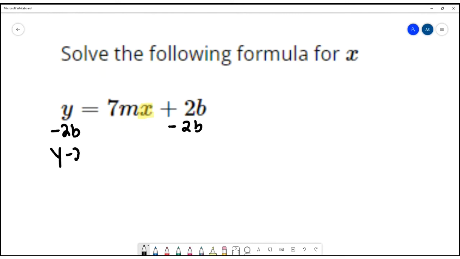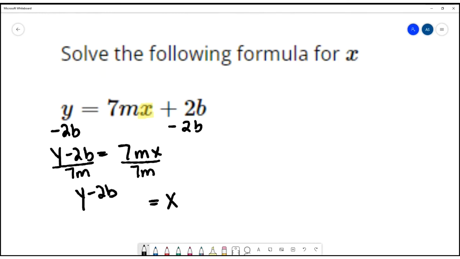That gives y minus 2b equals 7mx. So we've isolated the term that contains the variable x. Let's get rid of the 7m. 7m is multiplied, so to get rid of it, we divide by 7m on both sides. This gives x equals (y minus 2b) over 7m. So we solved the formula for x.